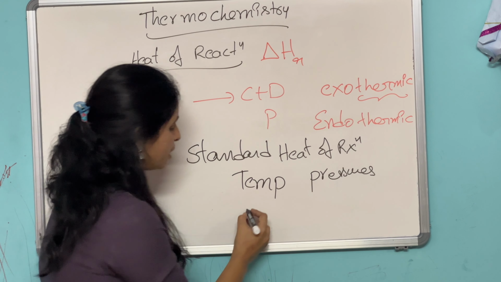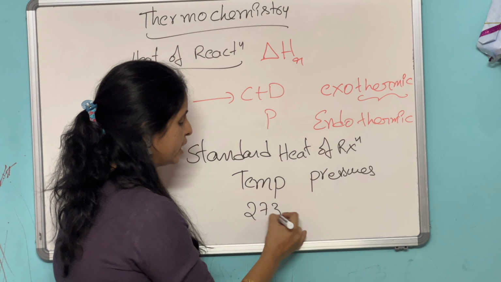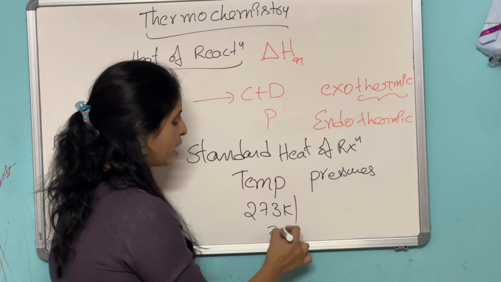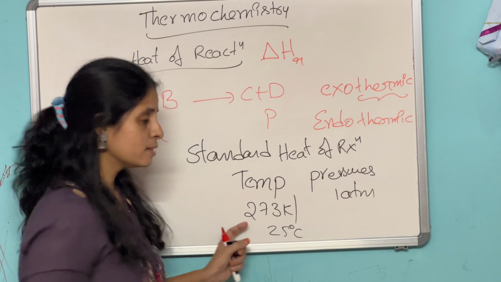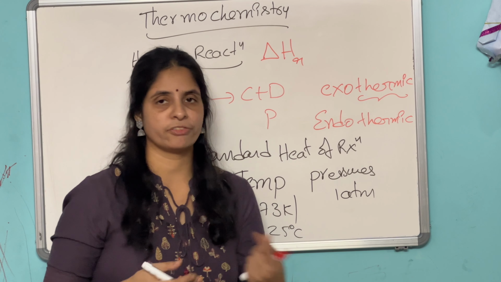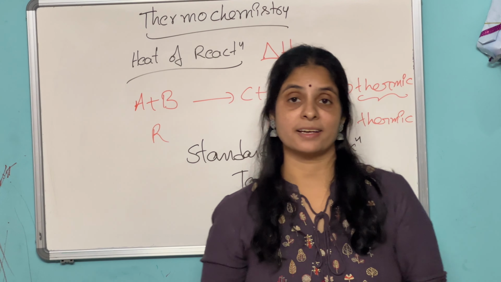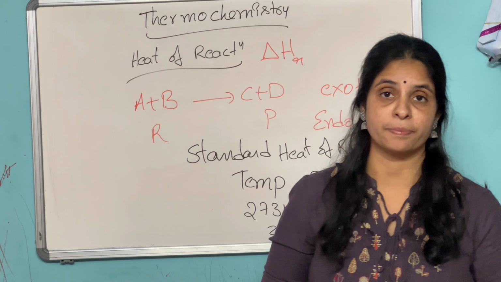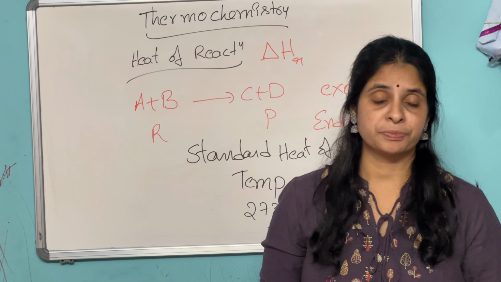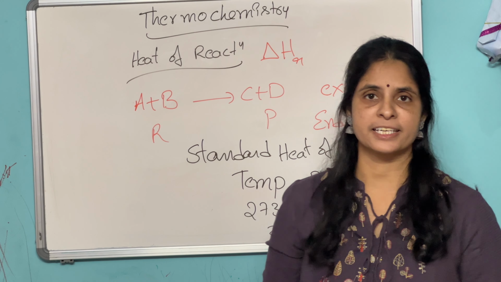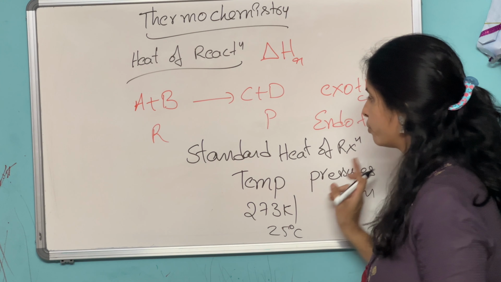What is the standard temperature? Generally it is 273 Kelvin or 25 degrees centigrade, and the pressure is 1 atmospheric pressure. These are the standard conditions. So if any chemical reaction takes place at standard conditions of temperature and pressure, the amount of heat evolved or absorbed, the heat change, is nothing but the standard heat of reaction.